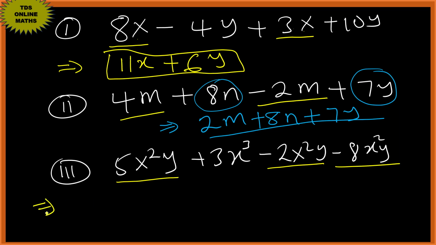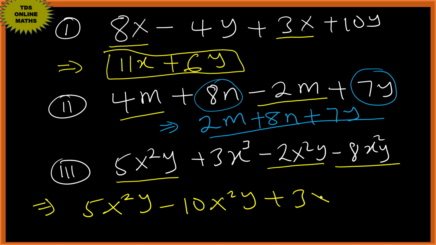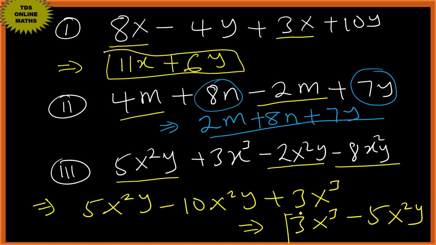So I'll go ahead and say 5x squared y minus 2 minus 8 is minus 10, x squared y, plus 3x cubed. So this side will be negative 5. So we have the final answer as 3x cubed minus 5x squared y. So that's the answer.